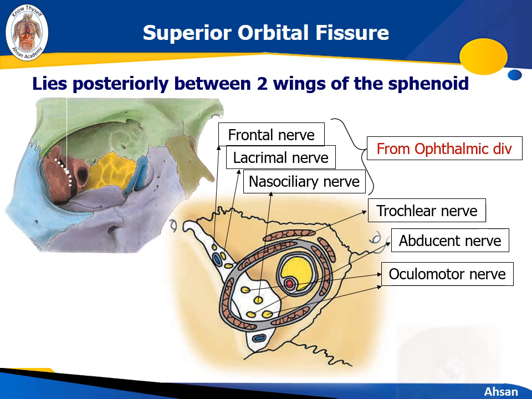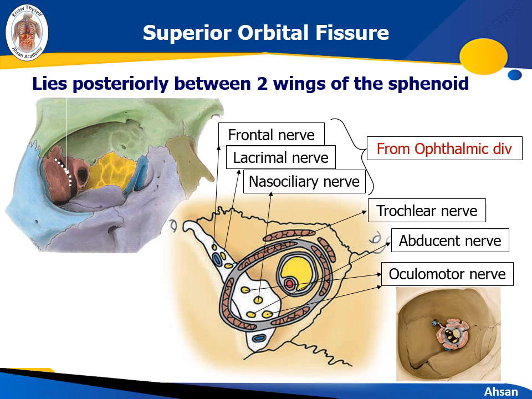So all these 3, means abducent and oculomotor nerve as well as the nasociliary branch of the ophthalmic division, pass through the ring, and you can see this is the ring formed by the muscles, and you can see the optic canal passing the optic nerve, and the small nerves, this yellow color, passing through the superior orbital fissure, and that part of the superior orbital fissure is behind the ring.